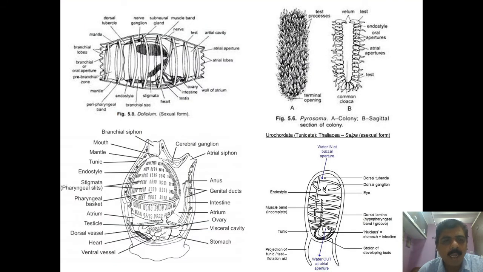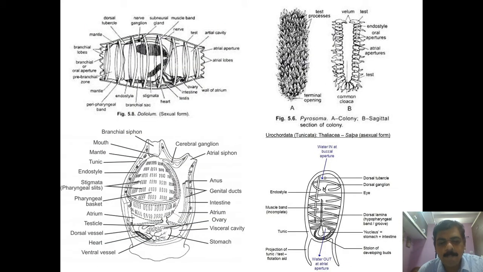If you observe the order Doliolida or the Cyclomyaria, what is the meaning of Cyclomyaria? There are 8 muscle bands in the doliolum, and these 8 muscle bands are in a 360 degree, completely encircling the body, and therefore the name Cyclomyaria. In another Thaliacean group, this is the Hemimyaria.